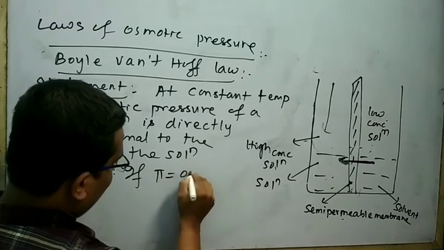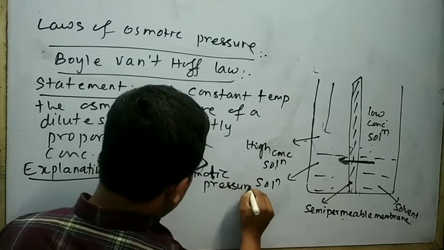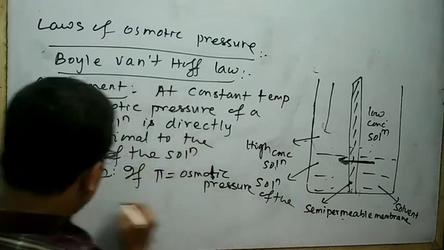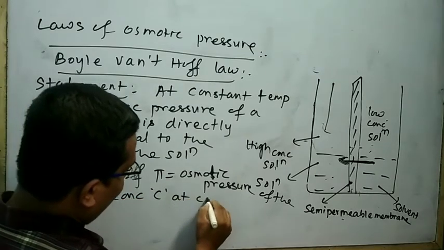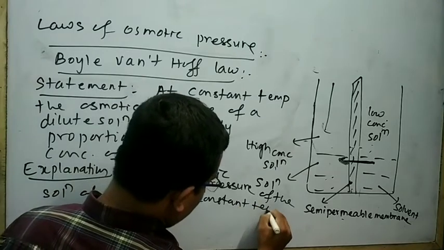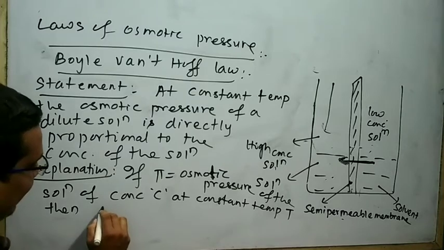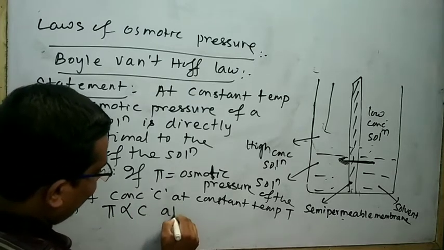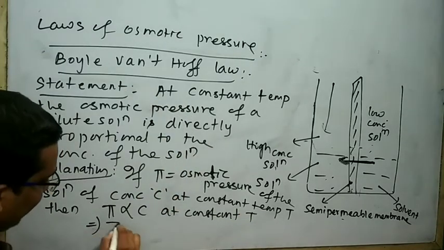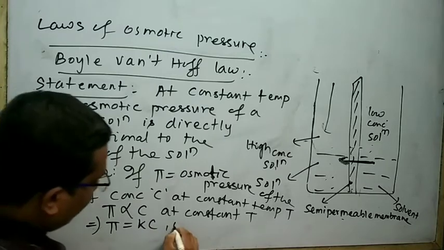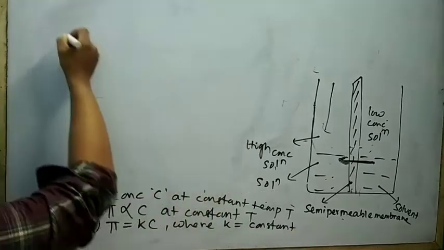Now I will explain Boyle-Van't Hoff law. If pi equals the osmotic pressure of the solution of concentration C at constant temperature T, then according to this law I can write pi is proportional to C at constant T. This implies pi equals K into C, where K is a constant.